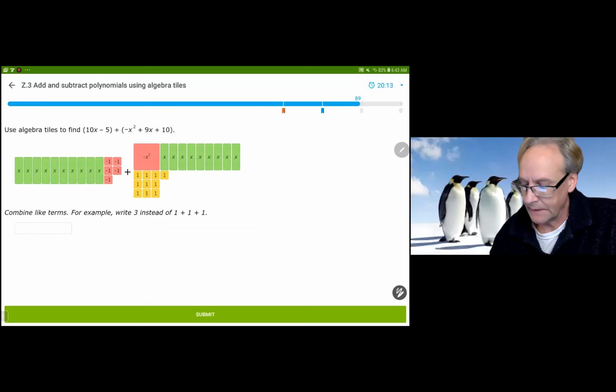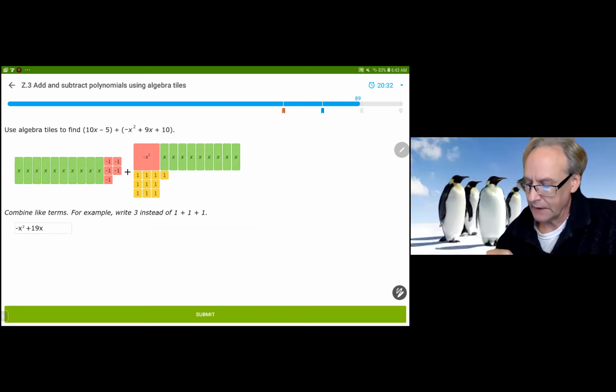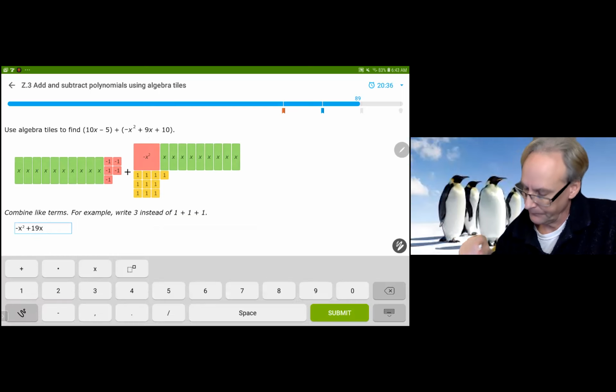All right, we're adding like terms. We just have a single negative x squared there. And we've got a bunch of x's. We've got 10 and then 9 more makes 19. I didn't count them because I just don't feel like it. They're right there on the top. And then we've got a negative 5, but we're adding 10, so it's just plus 5.